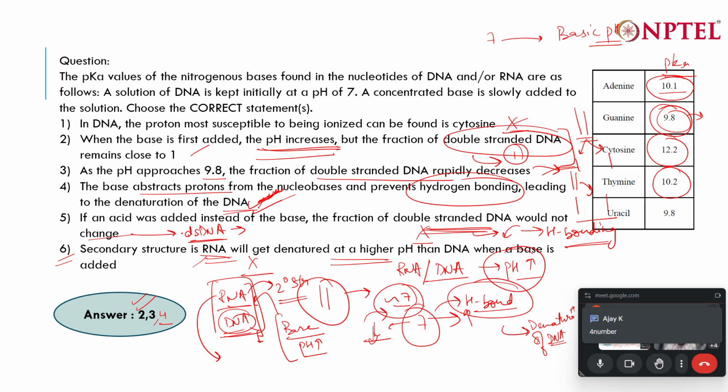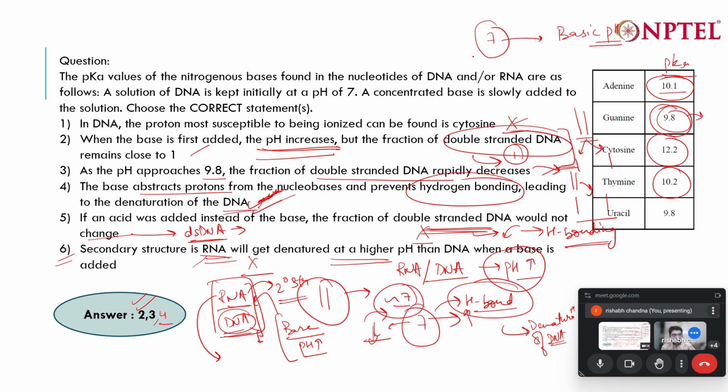Fourth number. The base abstracts protons from the nucleobases and prevents hydrogen bonding, leading to the denaturation of the DNA. So yes. As the initial pH was 7, all the bases were protonated, leading to the hydrogen bonding between the two strands.